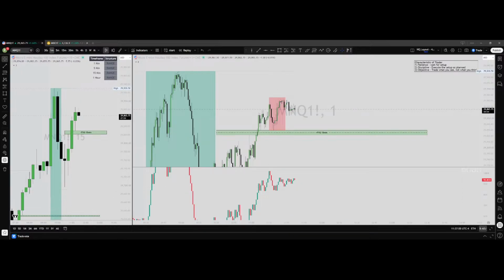Volume has stabilized. It's getting boring now.